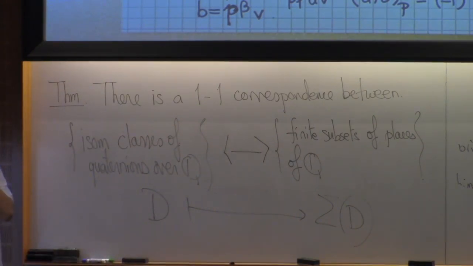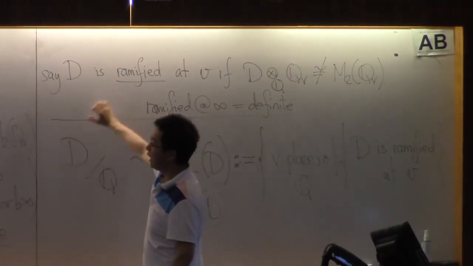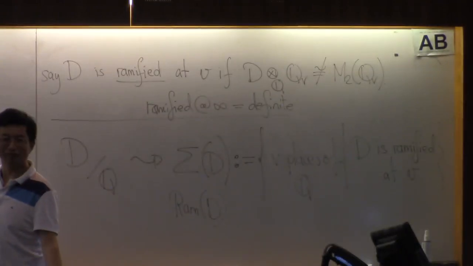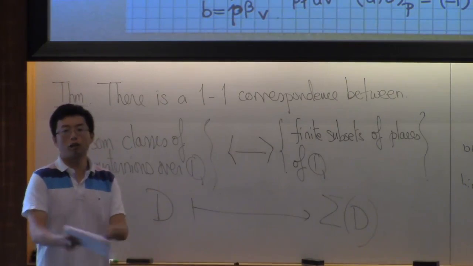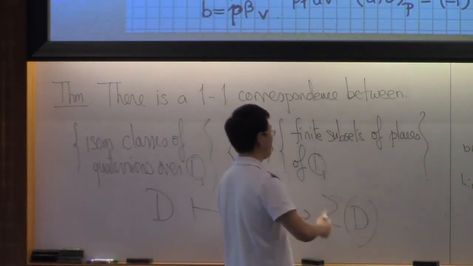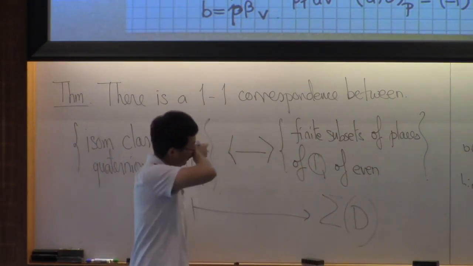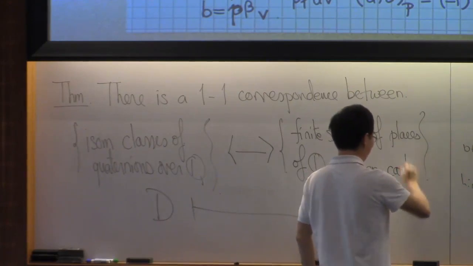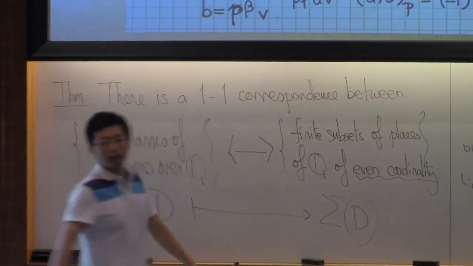It only ramifies at finitely many places. That's part of the reason why this is called ramified and that is called unramified: ramified happens finitely many times, and unramified happens most of the time. So it ramifies at finitely many places, possibly infinity, or also possibly at some finite places. The next striking thing is that the cardinality is even.